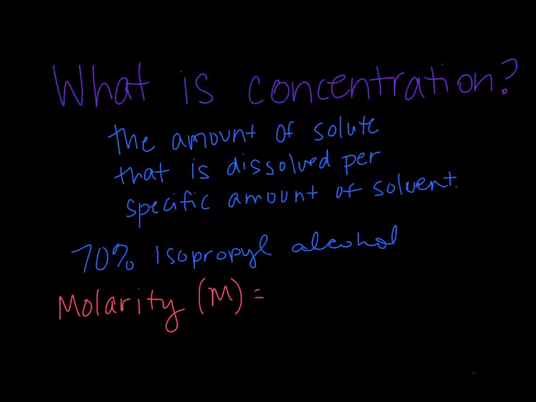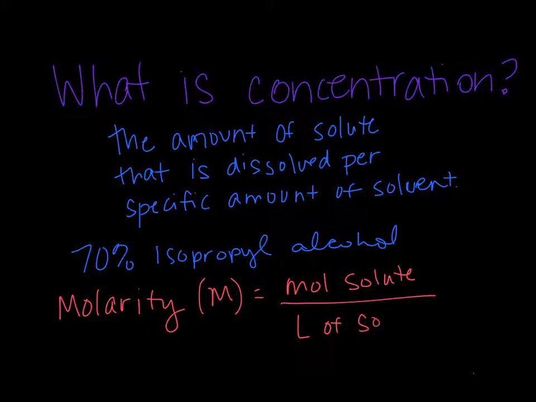So a capital M is molarity, and it's moles of the solute that's dissolved divided by the liters of the solution. So it's liters of the total solution, and I'll abbreviate solution from now on, SOLN.